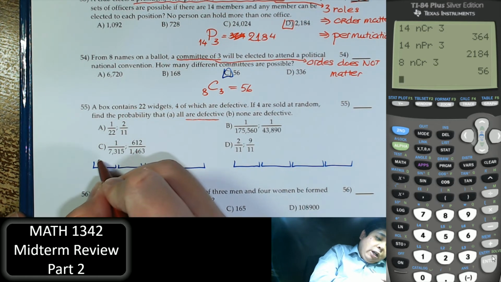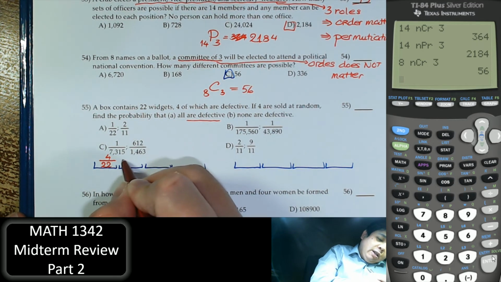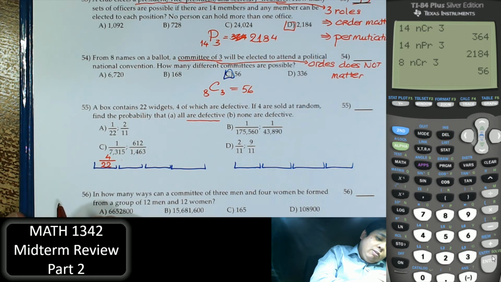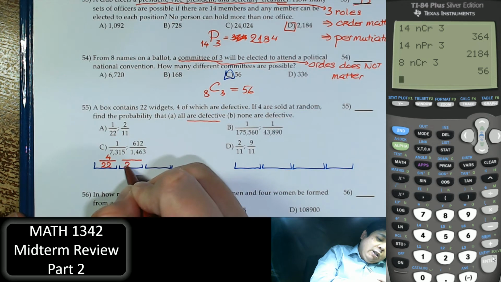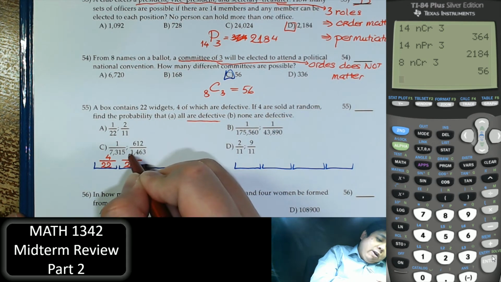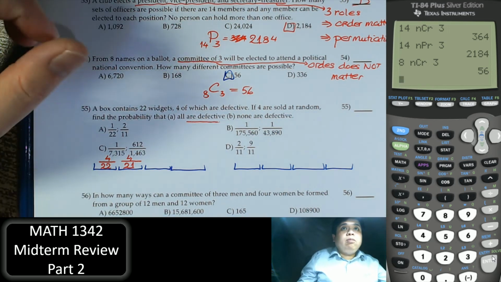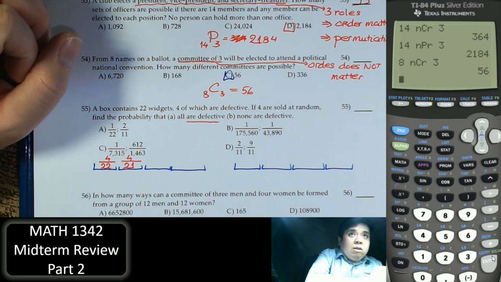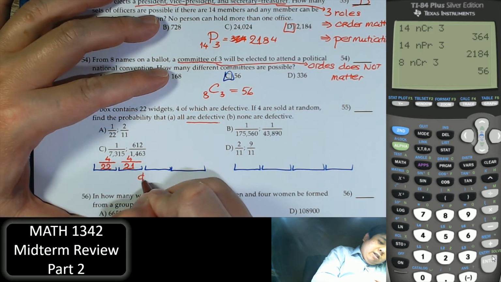So originally, there are 22, and out of those, 4 defective. The second one is we pick, 21 of them left. Let's talk about defective first.